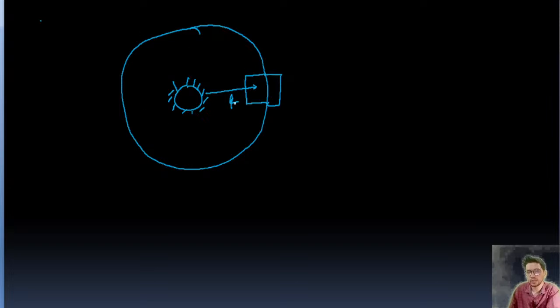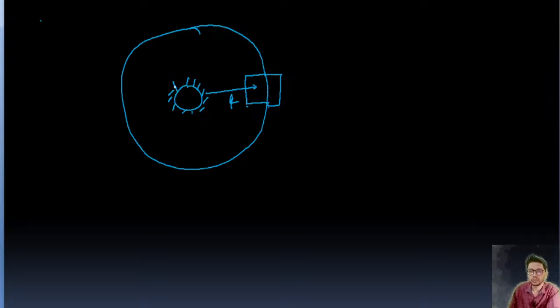The radius of this orbit is r, and this is the sail, which is completely reflecting. So the radiation falling on it is completely reflected.